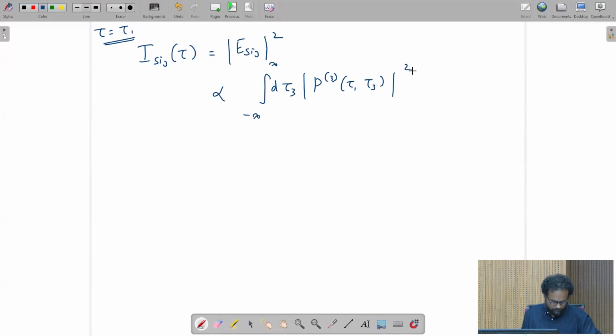And you can show that for this particular case, this will be mu 0 1 to the power 8, e to the power minus 4 gamma 0 1 tau.